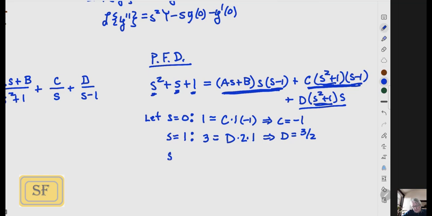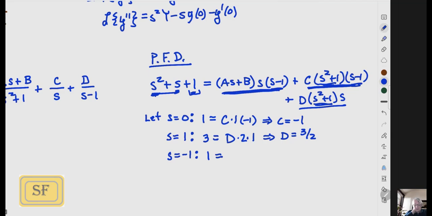When s is negative 1, s squared is 1, s is negative 1, so those cancel out. It leaves me with 1 on the left side. On the right side, it gives me negative a plus b times 1, times negative, let me try that again. S is negative 1.